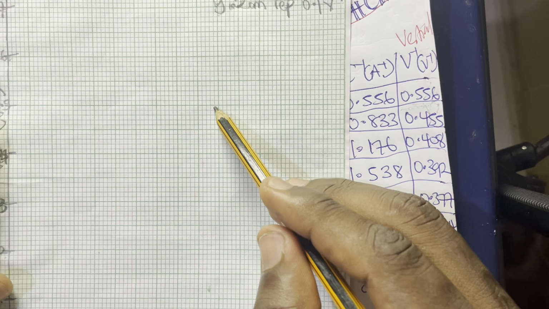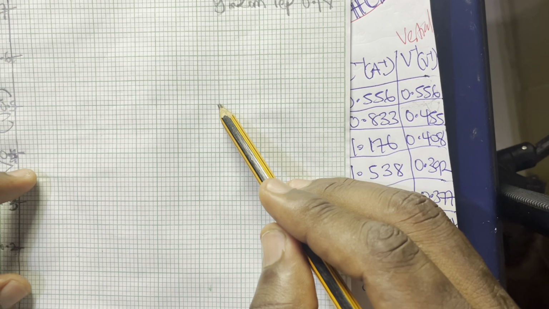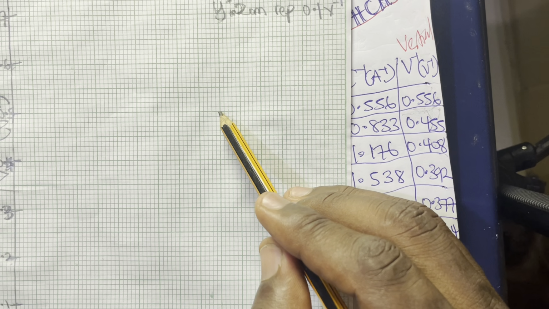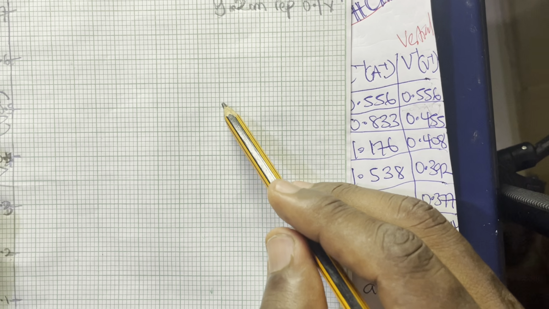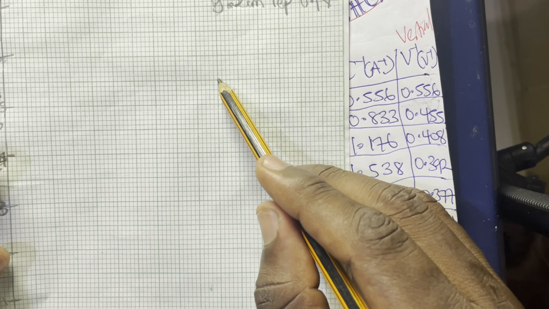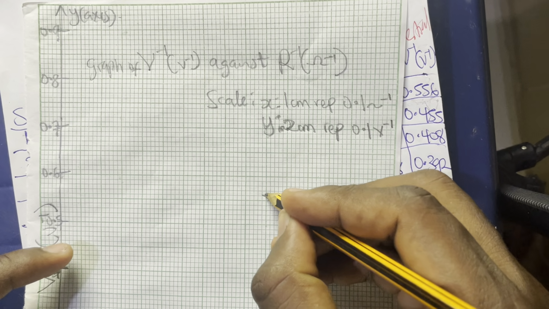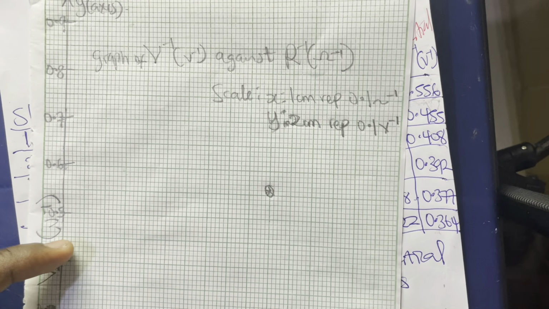This is 0.5, isn't it? 0.5 is here, so this is 0.51, 0.52, 53, 54, 55, 56. 56 will be around here. You can circle it. Good.